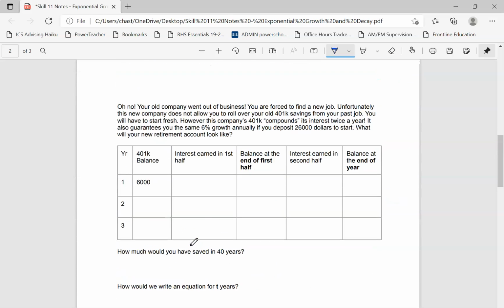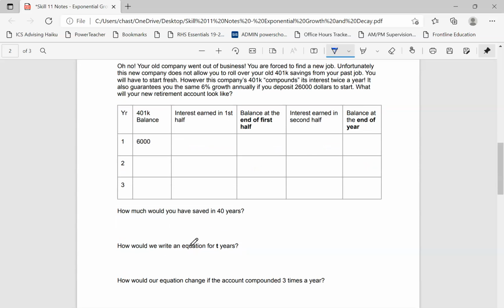Let's try another one. Oh, and this situation happens. Your old company that you were working for when you started this process went out of business. You're forced to find a new job. Unfortunately, this new company does not allow you to roll over your 401k savings from your past job. It's odd, but it happens. You will have a fresh start.